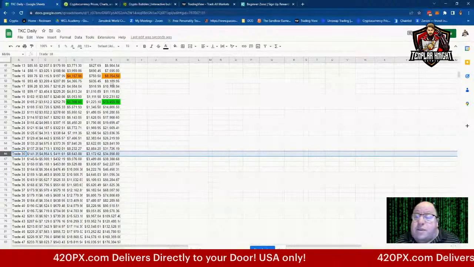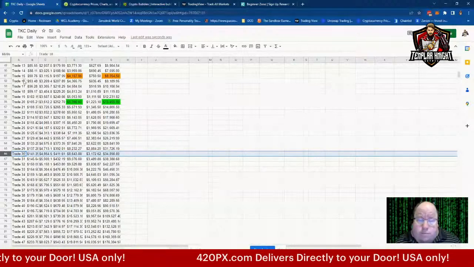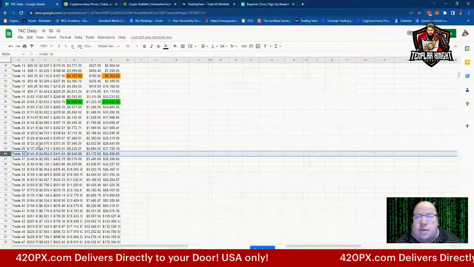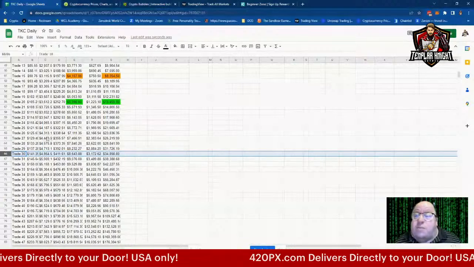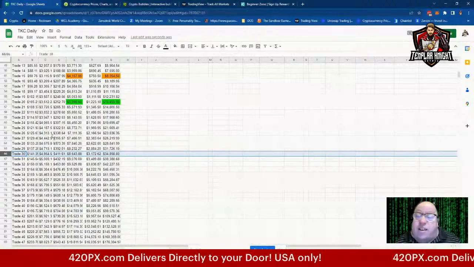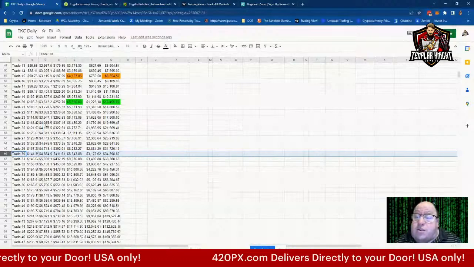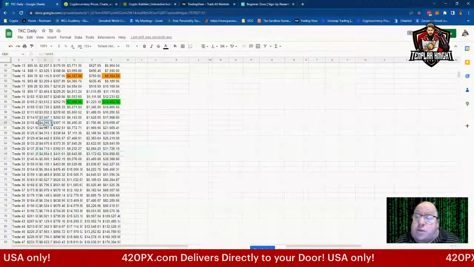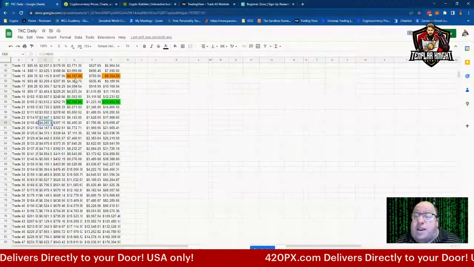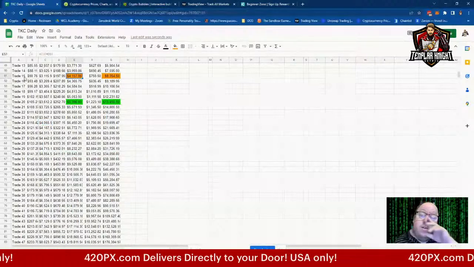I will probably be setting my targets just on the trade number, not the day number, because I want to take out profits as I go along, right? I want to be able to use those funds somewhere else. You could very easily say, as soon as I double, I'm going to take out those profits. So if it's a 3% average, that would be 24. If it is a 5% average, that would be 15 trades.